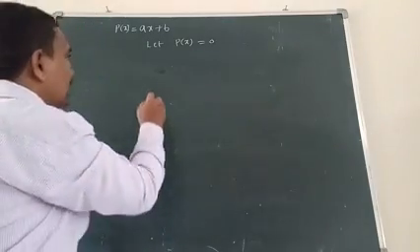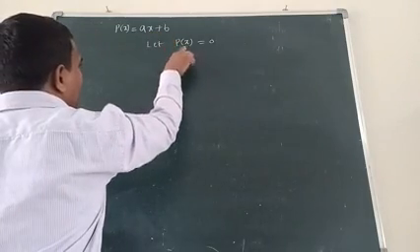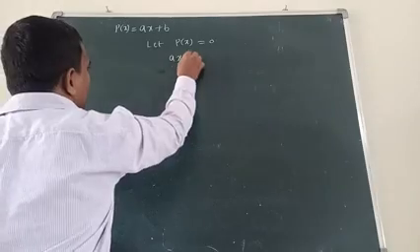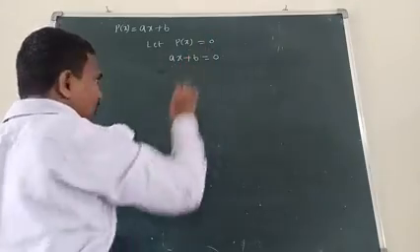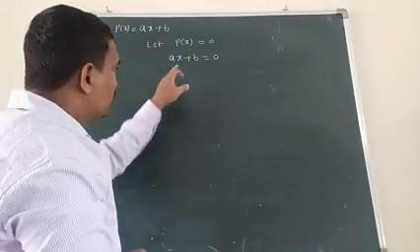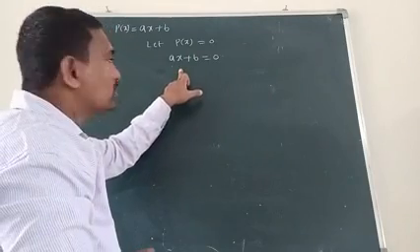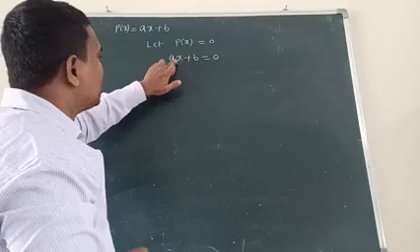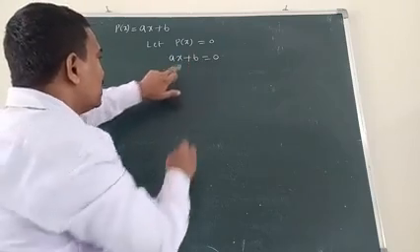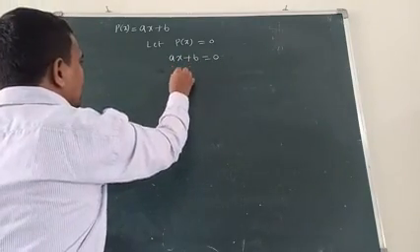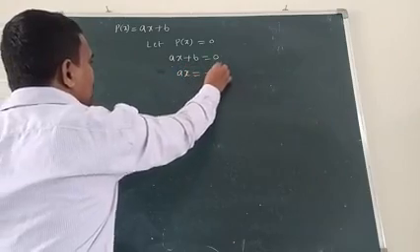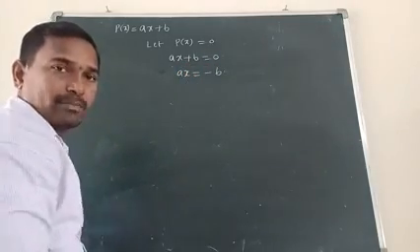So now let us find the x value. What is the polynomial? ax plus b equal to 0. Now solve for x. Here this is the x term and this is the constant. Transpose the constant to the right side: ax equal to minus b.